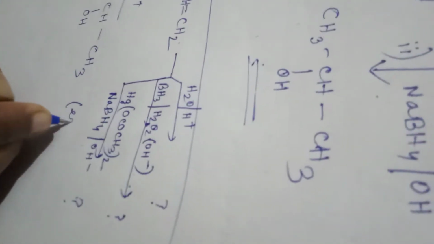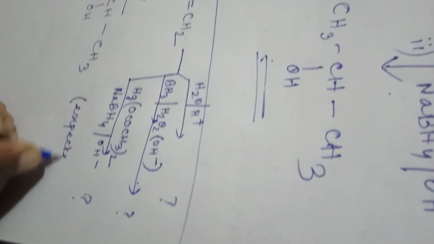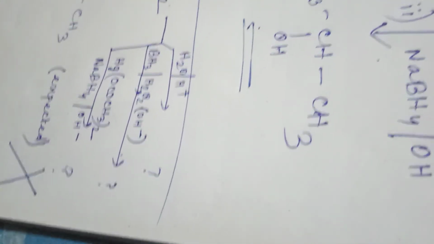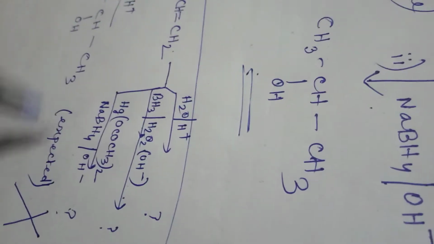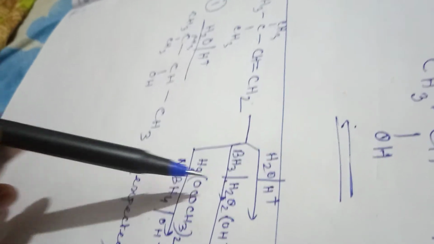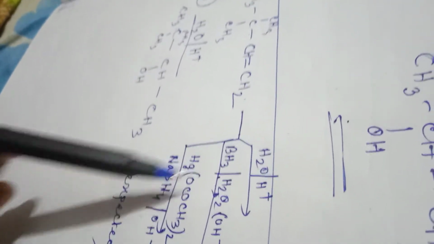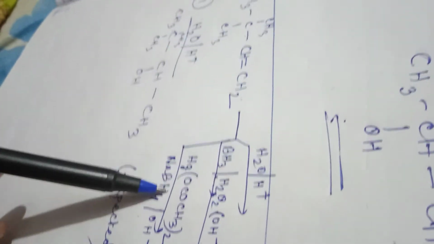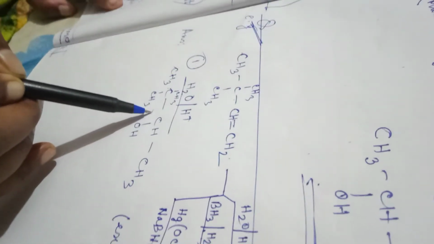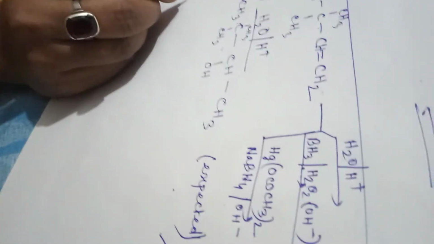This is the expected product, but it is not the actual product. I am discussing this only for that reason. Otherwise, in the other two cases the normal product which we can expect, we will get. But in hydration of alkene, the product will not be this one. Why? Let me tell you.